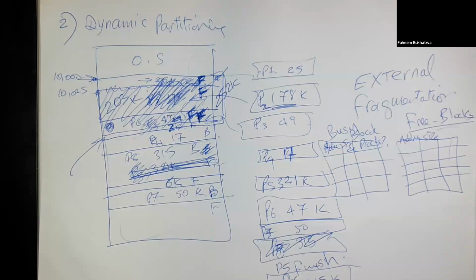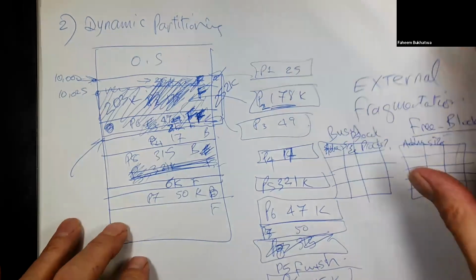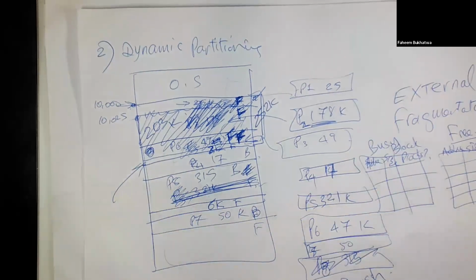We cut 95K, give it to the program, and we are left with 5K. That's called external fragmentation. Internal fragmentation is if we give any program a block that's bigger than the program needs, and any space left is called internal fragmentation. But this system still suffered from very many external fragmentations as it keeps working.